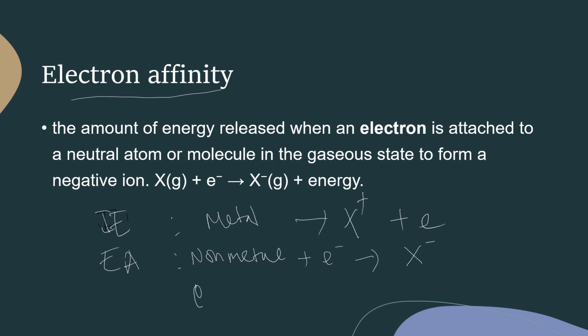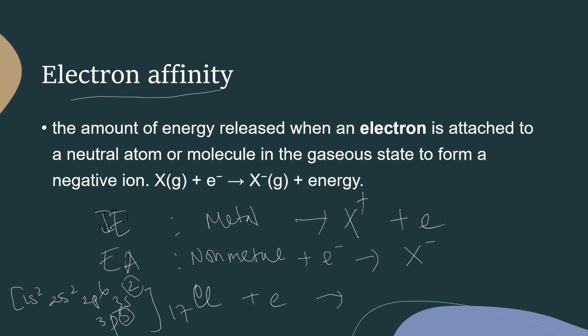For example, Cl, number 17, has the electronic configuration 1s2, 2s2, 2p6, 3s2, 3p5. So the last shell is the third, and the number of valence electrons, or outermost shell electrons, is 7. To reach a stable electronic configuration, just like a noble gas, chlorine needs 1 electron.